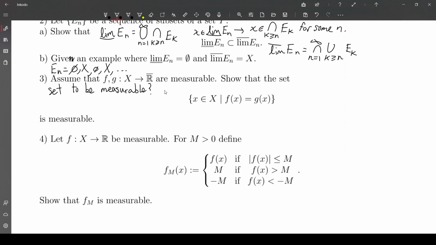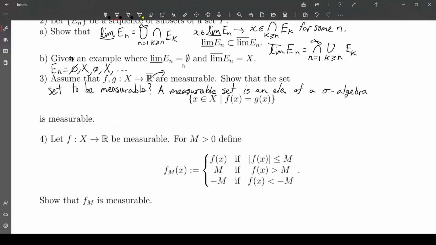That's all it is. Which again, a sigma algebra is a collection of subsets on X.